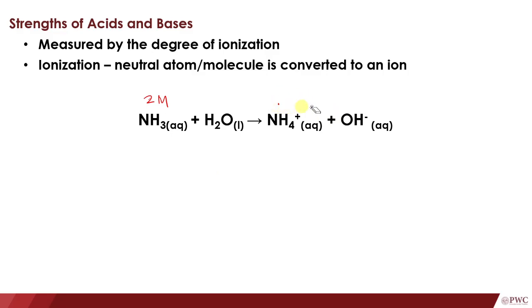Let's focus on the hydroxide because this is the indicator for our base here. Let's say it only produces about 0.18 molar. So obviously this one is less than 100%, right? Because it's only a part of the 2 molar given of our base. So this one is a weak base.